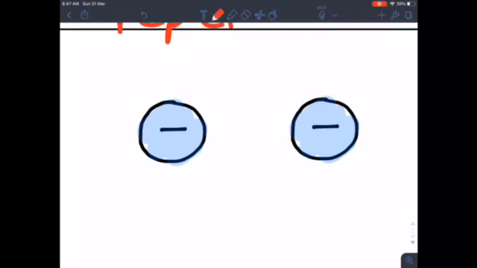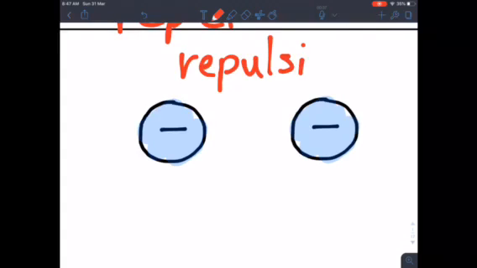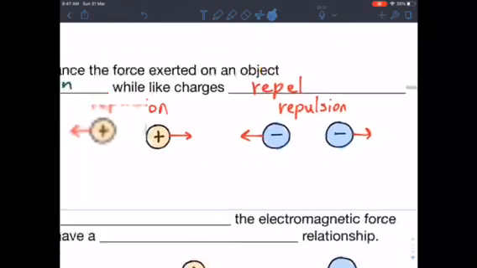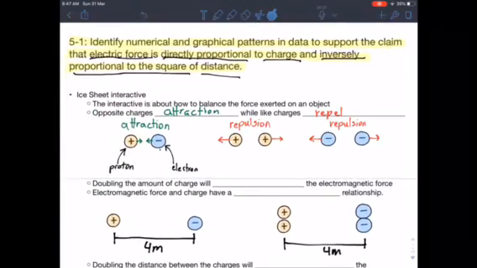On the other hand, these negative electrons are also going to experience repulsion. They're also going to repel because they are also the same charge. Okay, so this is the fundamental rule of this unit. Opposites attract, like charges repel.